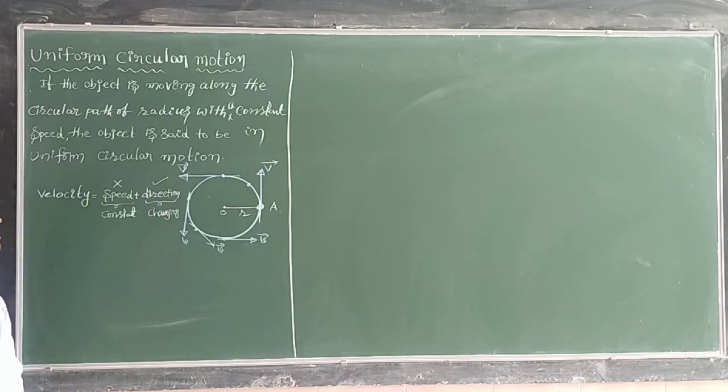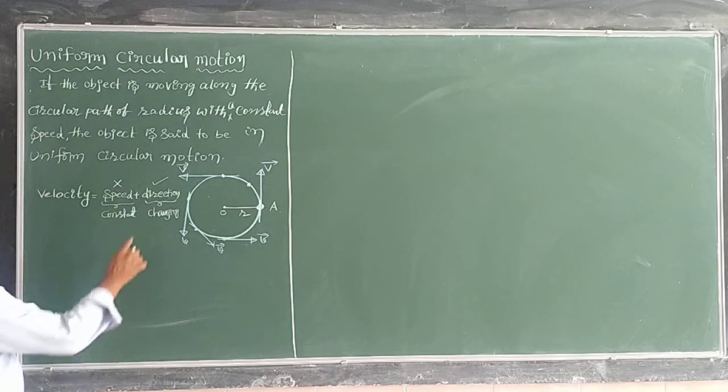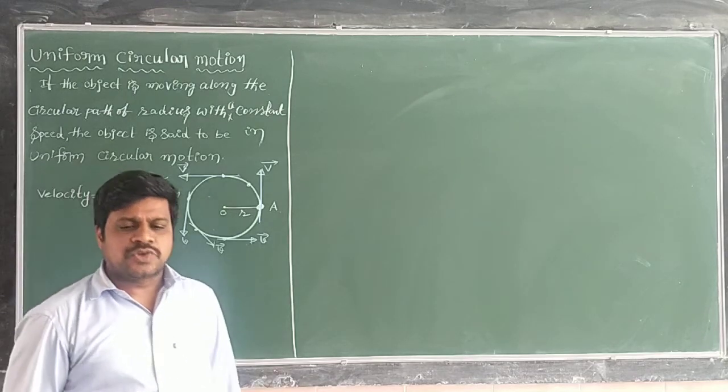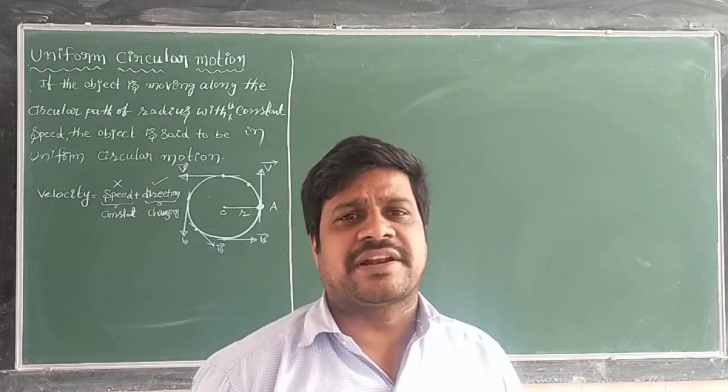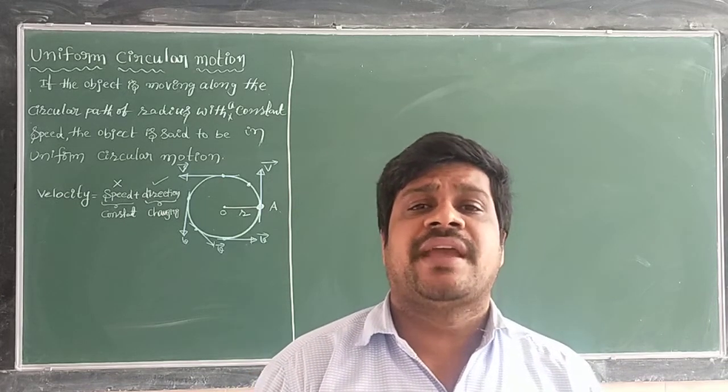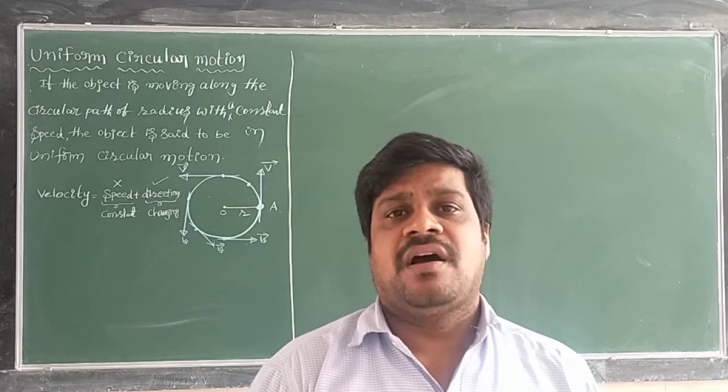Speed is not changing, but if either of the two changes, the velocity changes. So in uniform circular motion, the velocity keeps on changing along the circular path.